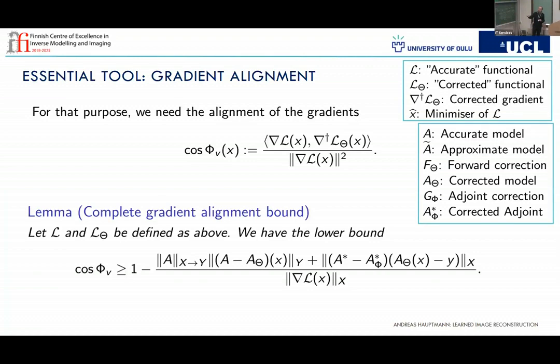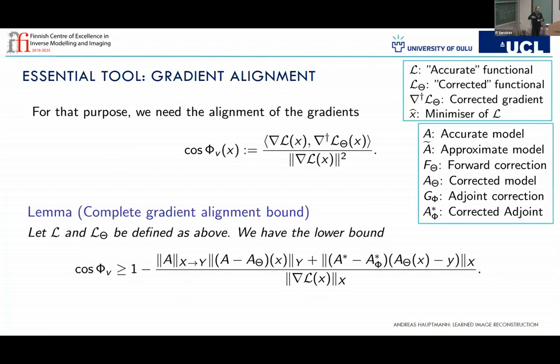This is the approximation error of the forward model, and this is the approximation error of the adjoint. So now, if we train just straightforward supervised, we would have a bound on these and we end up with an alignment condition on our convergence.